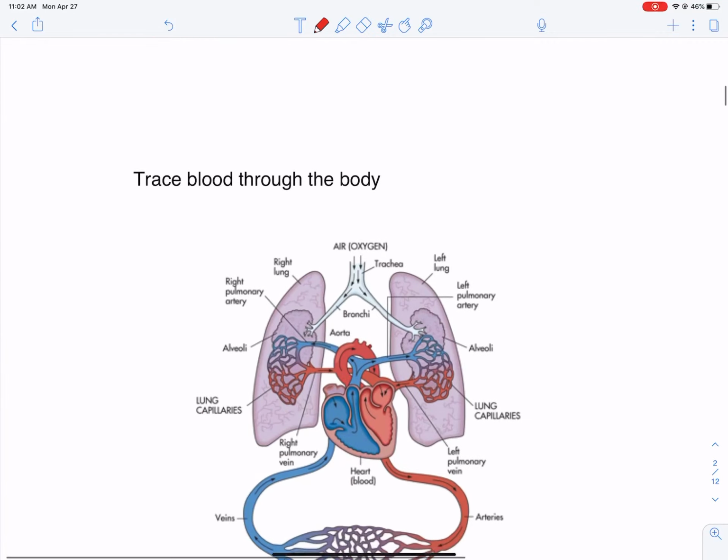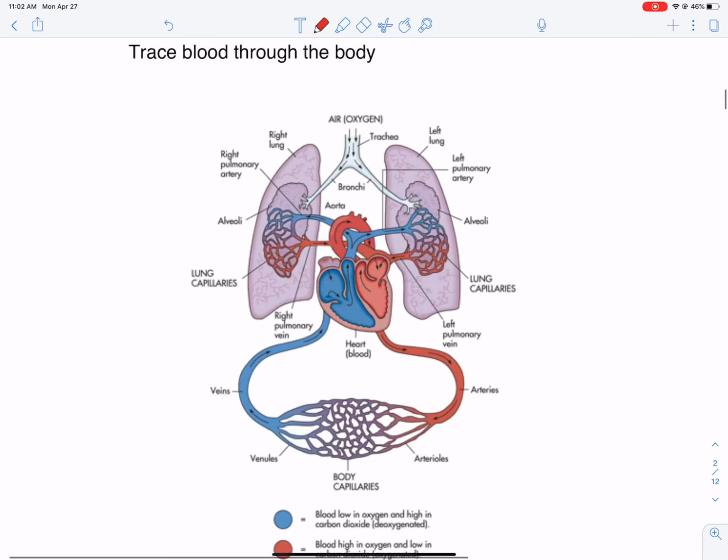All right, the next thing I want to take a look at is how the blood goes through the body. If I just go in general, the blood comes in from the superior and inferior vena cava and it dumps into that right atrium, goes from there into the right ventricle. From there it leaves the heart and goes to the lungs. These are all blue.